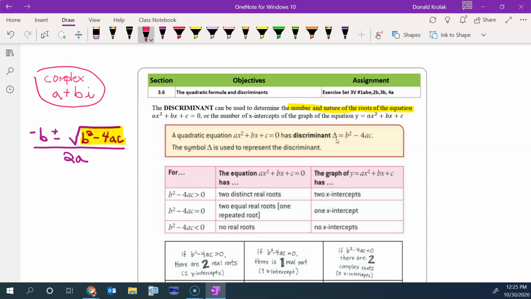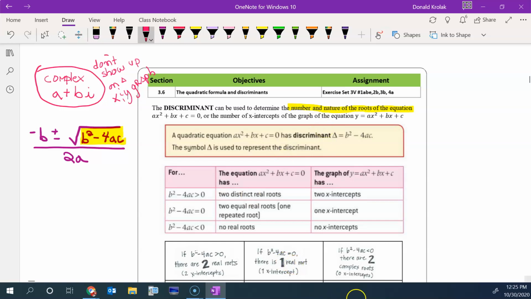You can't see these on a regular XY graph. So if you looked for imaginary numbers on a regular graph, you'd never see them.